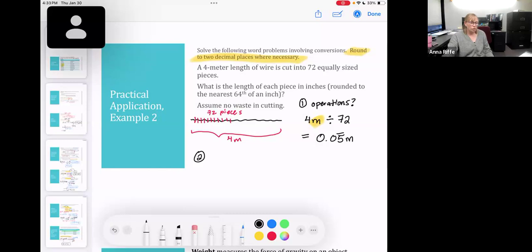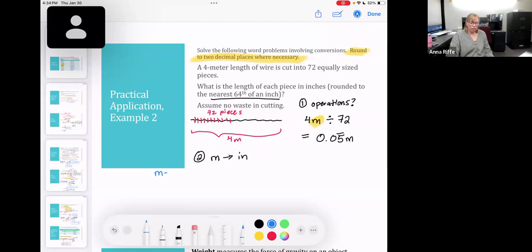I now want to convert because we are asked to write our answer to the nearest 64th of an inch. So we want to convert meters to inches now. Once again, looking at our chart, there is not a direct conversion between meters and inches. There are 2 different ways that we could find an intermediate unit.